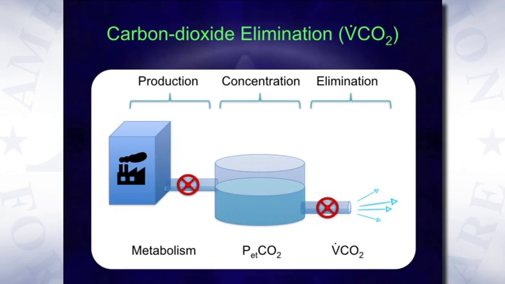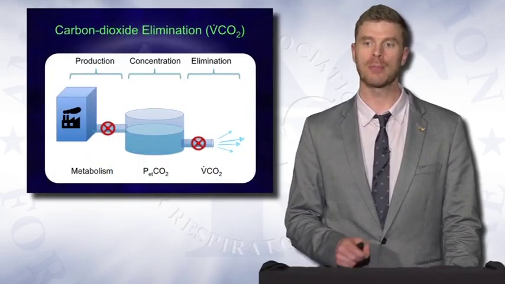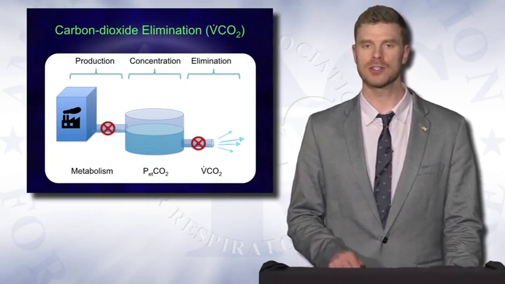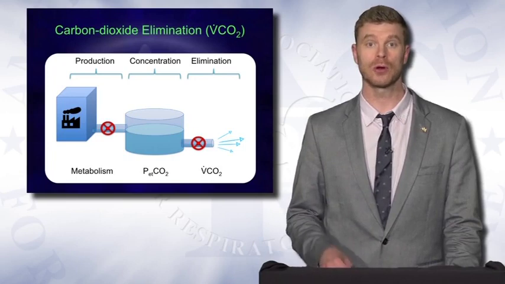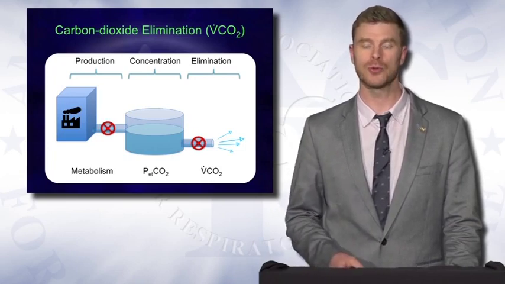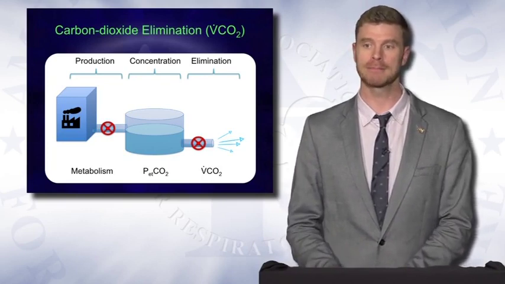And that's an important distinction when we interpret these things because there can be discrepancies between production and elimination in patients that we monitor at the bedside. Why does this happen? Number one, CO2 can diffuse rapidly in a lot of tissues, so our production of CO2 doesn't necessarily mean that all that CO2 is going to be dumped into the alveoli or into the blood and excreted through the respiratory system, but can be stored in muscle, tissue, basically all throughout the body.